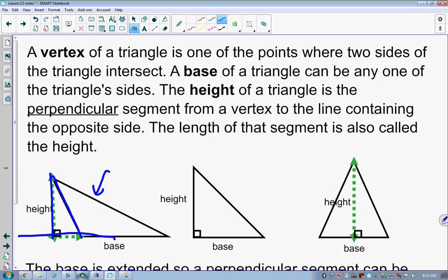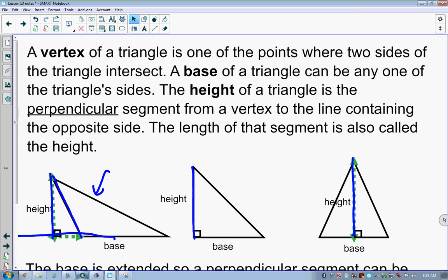So that's my height. That's the distance that I need to find in order to incorporate it into my formula for base times height divided by 2. All right, here in a right triangle, it's really easy because that's already a perpendicular line to my base. Over here, the perpendicular line shows up inside. So sometimes our height is inside the triangle, sometimes it's on the triangle, sometimes it's outside the triangle, and you need to be aware of that.